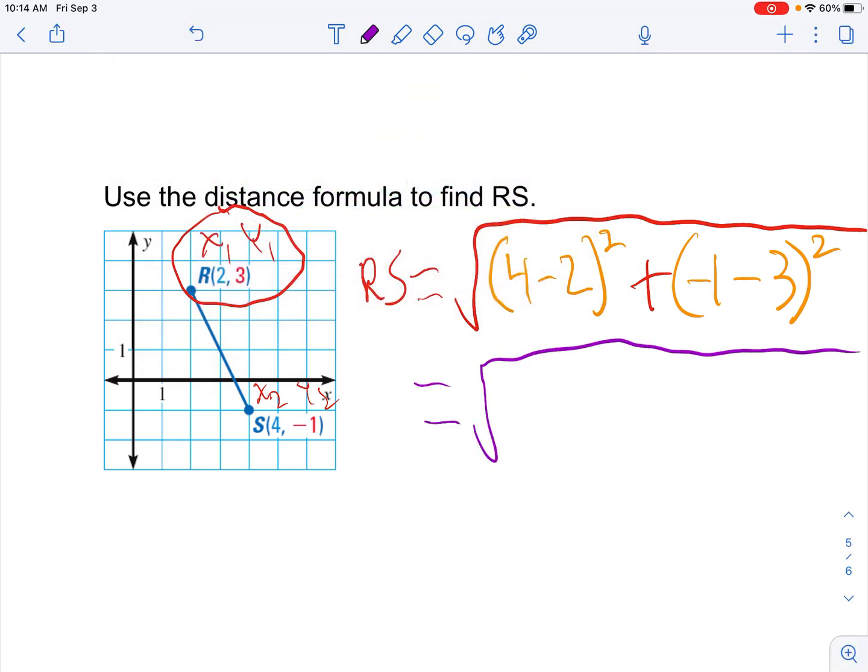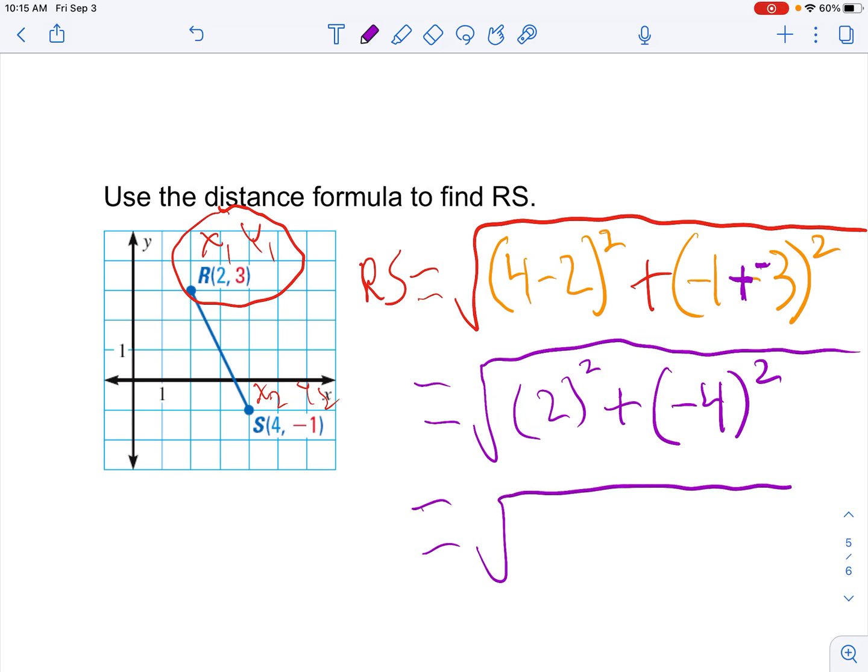So let's start simplifying. 4 subtract 2 is 2, and we still have a squared on top, plus negative 1 subtract 3. Remember, when you subtract a number from a negative number, it's like adding the opposite. So negative 1 take away 3 is actually negative 4. 2 squared, 2 times 2 is 4.